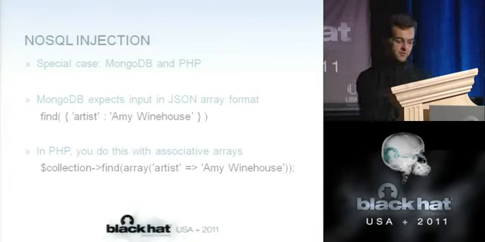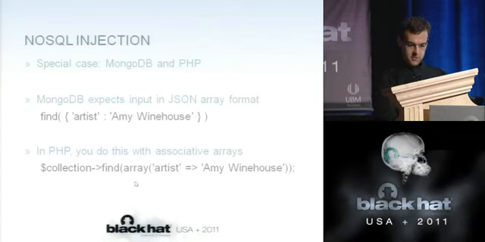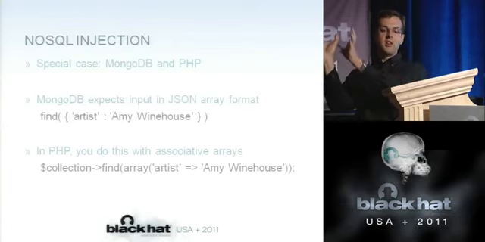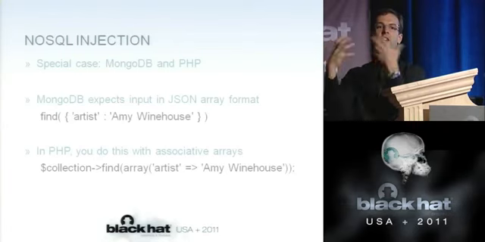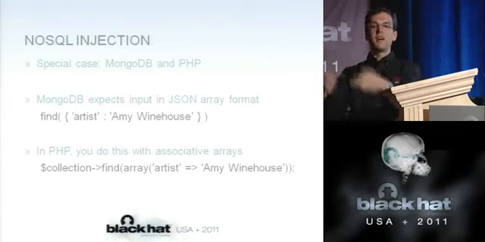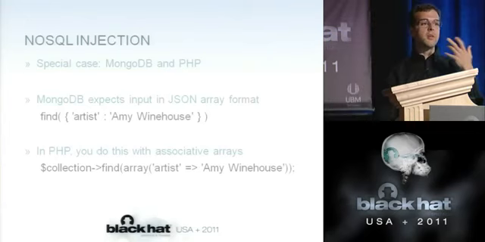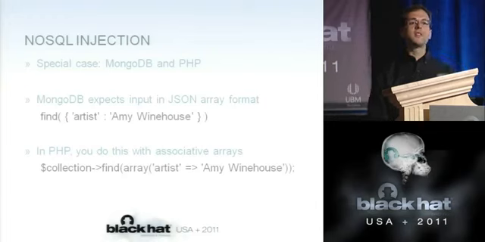You use the array method, so you instantiate a new array, and you say the key of this array is artist, and the value is Amy Winehouse. It creates this associative array that gets passed to the database and executed. Great. This works really, really well. And this is generally pretty secure against injection attacks. It's kind of like a parameterized query in a way. Very cool.